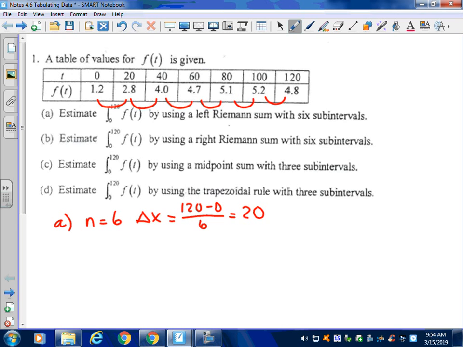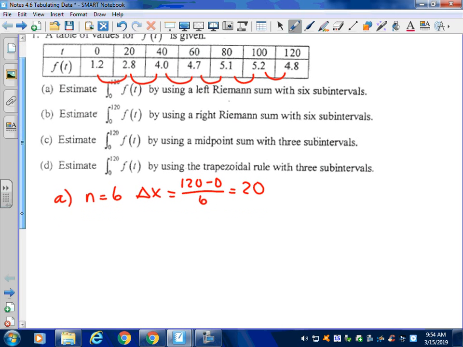Okay. Now, to do the actual notation, to integrate from 0 to 120 of f of t, let's talk about the actual math that you're doing. It is the height of the function times the width. That's pretty simple.